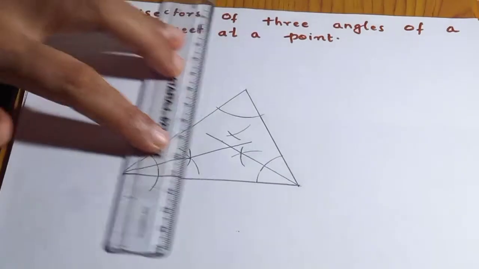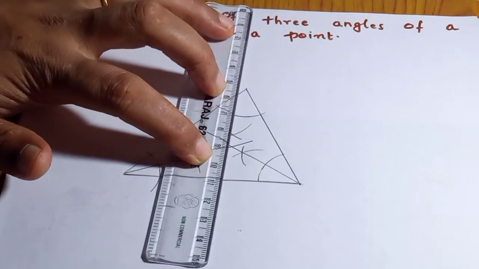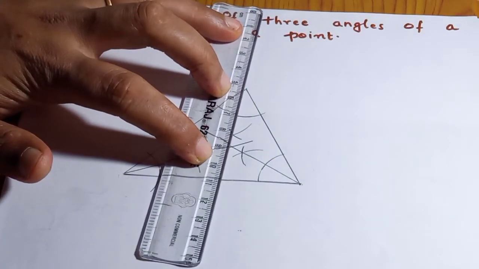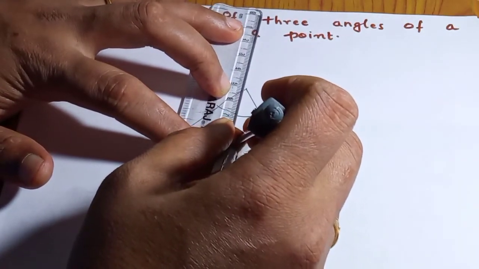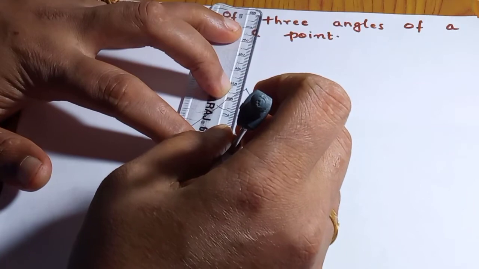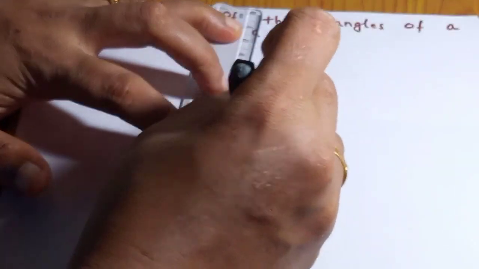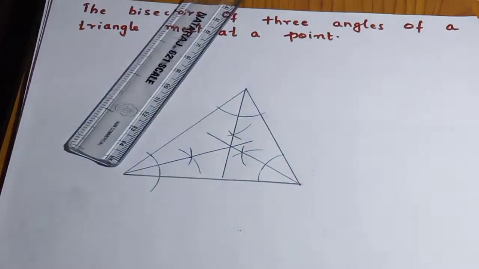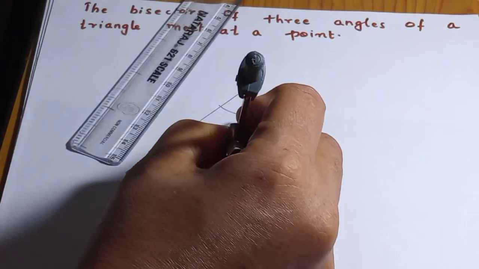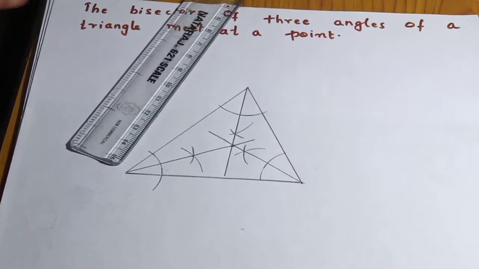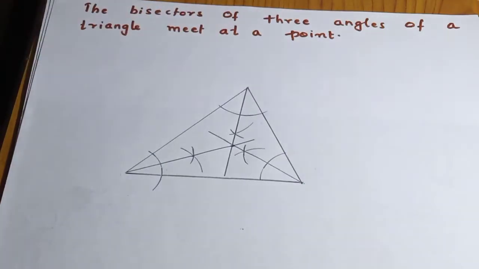Okay, then join that too. Yes, all three bisectors meet at a single point. Okay, so this is an important result.